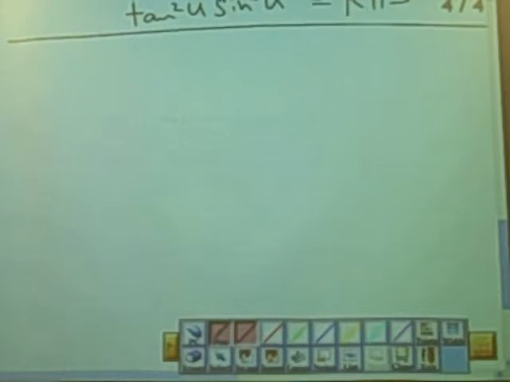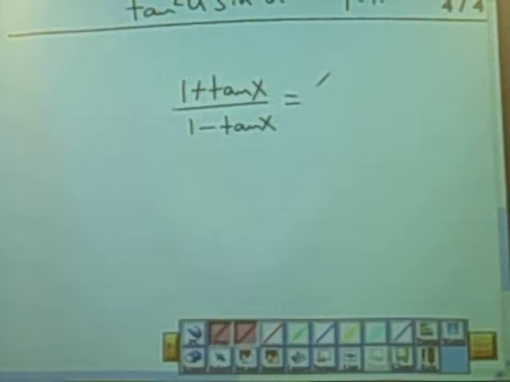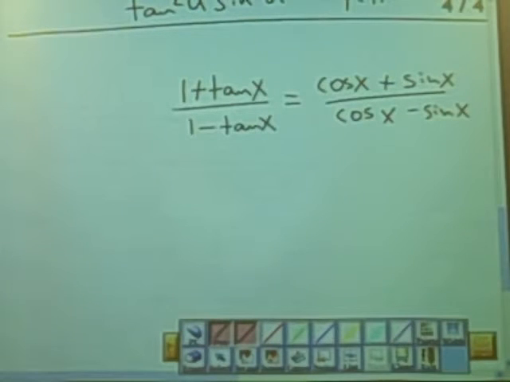Now, this next step, and I'm going to give myself plenty of room here. We have 1 plus tangent x over 1 minus tangent x, and that equals cosine x plus sine x over cosine x minus sine x.